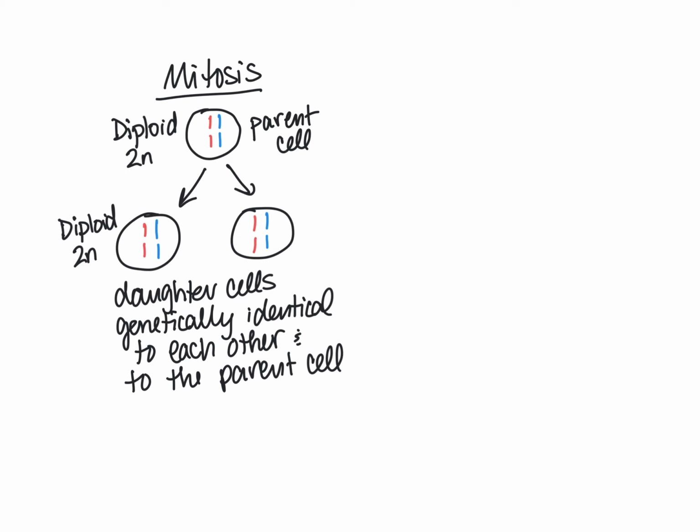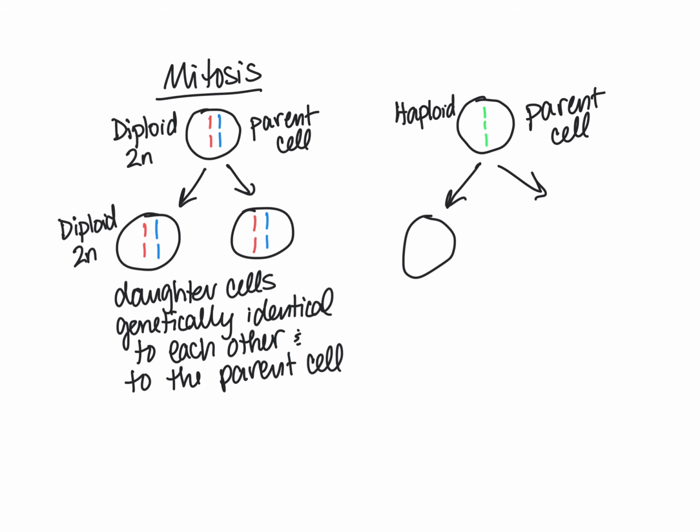Now, this could just as easily happen with a haploid cell. If the parent cell is haploid, then it is going to produce two daughter cells that are also haploid.